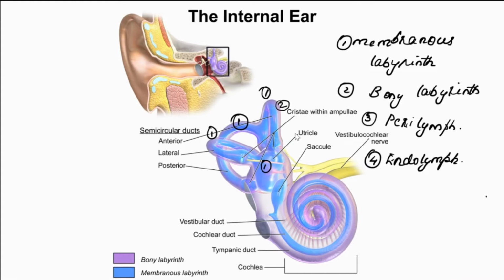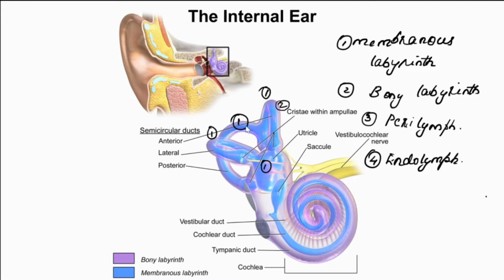This is the membranous labyrinth and this is the bony labyrinth. In between them, there is a space, and in that space a fluid is present. That fluid's name is perilymph. Understand?